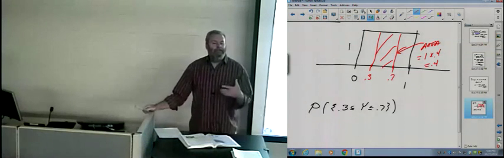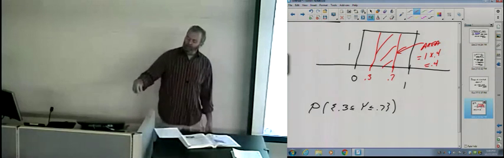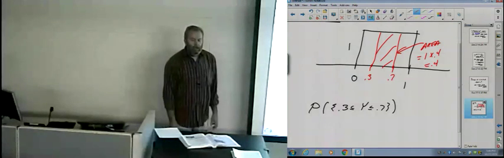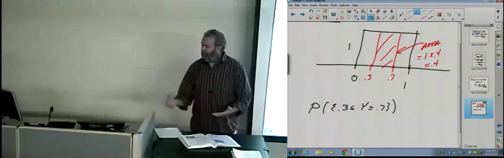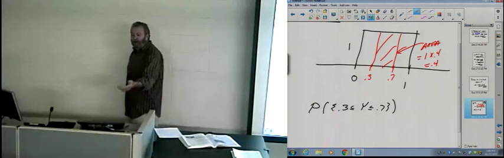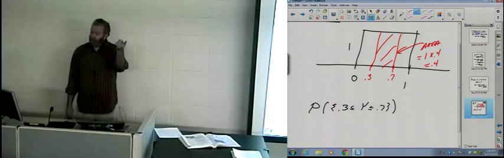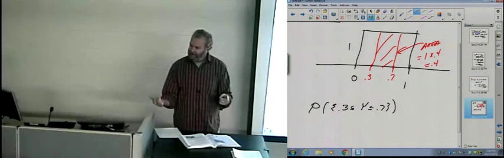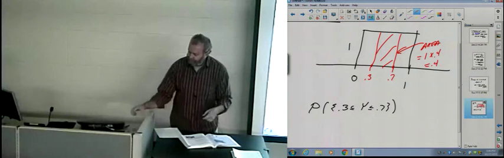If the area is 0.4, then the proportion of observations between 0.3 and 0.7 is 0.4. The percentage of observations between 0.3 and 0.7 is 40%. The probability when you generate one random number between 0 and 1, that it's between 0.3 and 0.7 is 0.4.